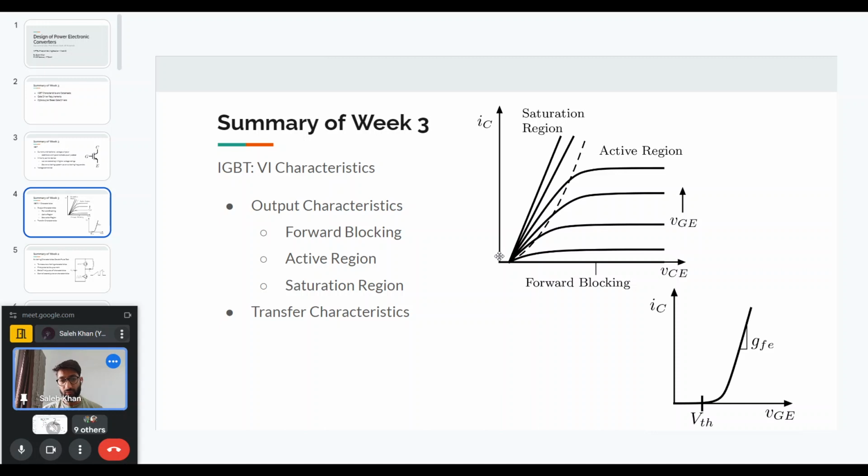So it has a constant voltage drop, similar to what a diode has. So this was about the output characteristics. Then we have the transfer characteristics, again very similar to the MOSFET. If the gate emitter voltage is more than the threshold voltage, then it will start conducting, with a particular slope depending on the VDS voltage as well as the temperature.